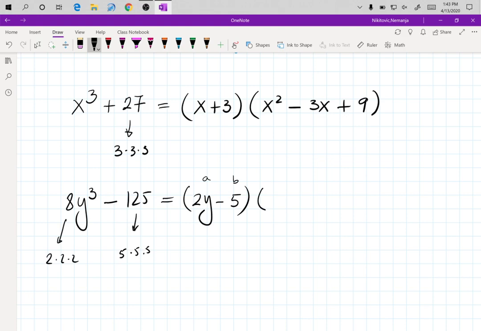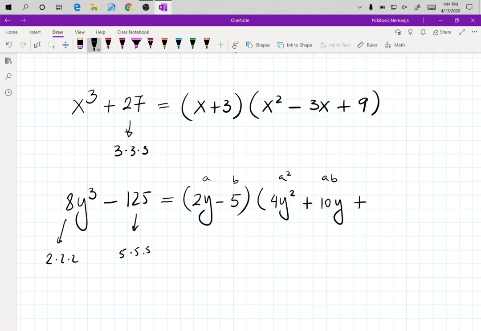So when you get this one, you can now square, that gets a 4y squared, that's your a squared. Change the sign, so it's a plus now. A times b is going to be 10y, because that's ab.